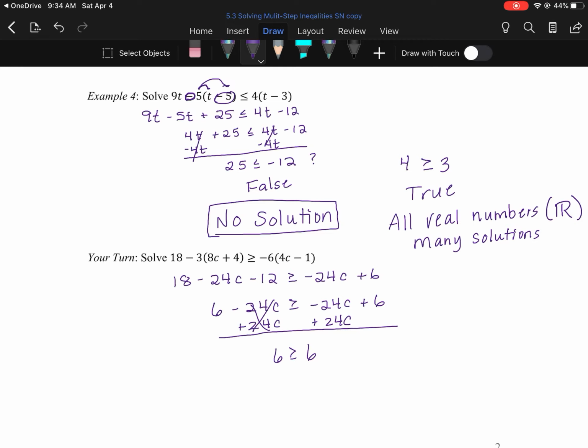But 6 isn't bigger than 6. But the one thing you do need to know is that we also have the equal to sign. So is 6 equal to 6? It sure is, so that is true.